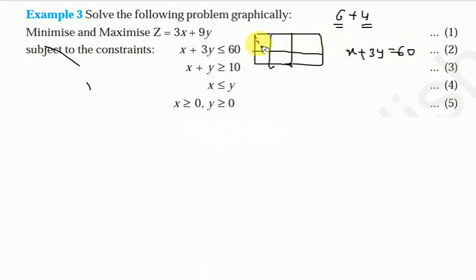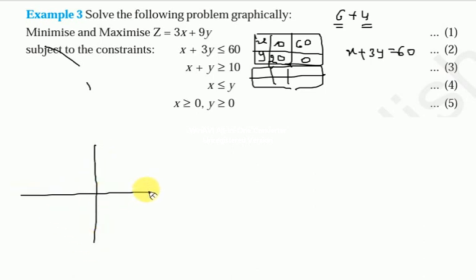So we need to consider the values for x and y. So if you put x is equals to 0, then you will get y is equals to 20. Then if you put y is equals to 0, then you will get x is equals to 60. This is one line. Again, you need to consider second line, x plus y is equals to, then otherwise in this graph itself you can join these points. So on x-axis we need points up to 60.